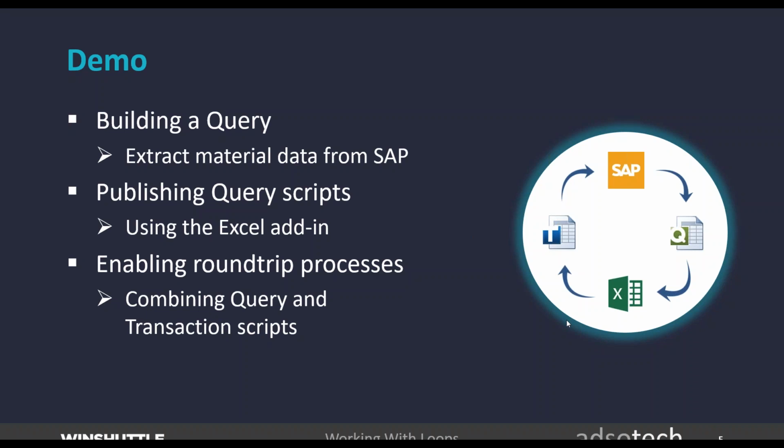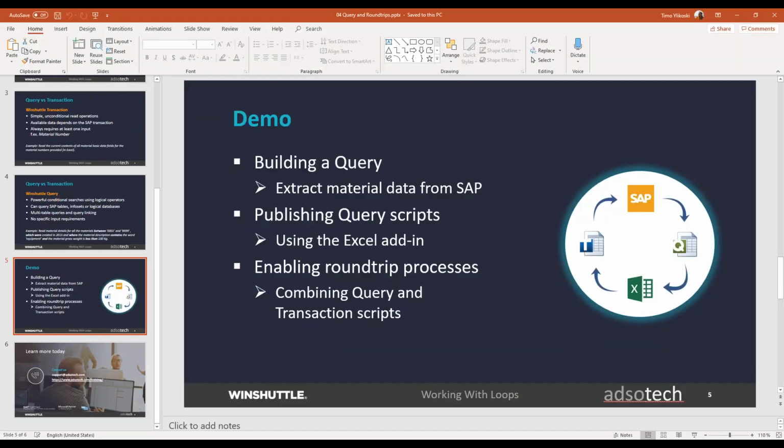But whatever process you are actually working on, the steps to create a query, and then maybe a transaction script, would be the same. So we are not really focusing on the material data here, but rather the actual process of developing Winshuttle scripts. The same principles apply to any actual business process you have, or whatever your need is.